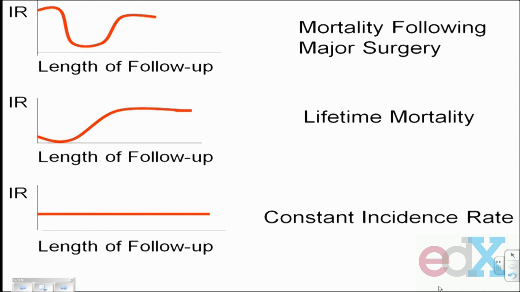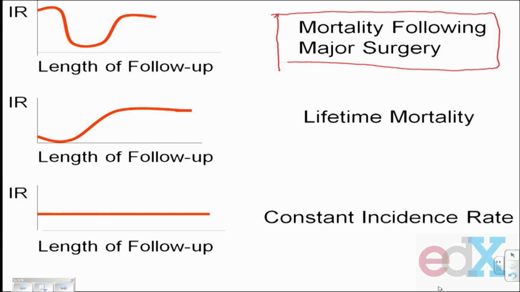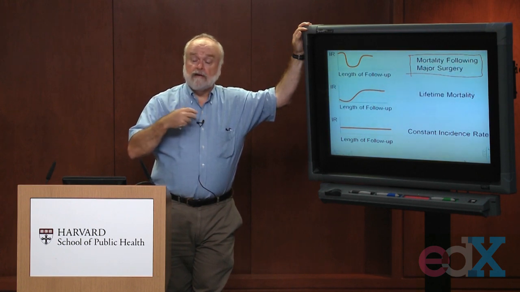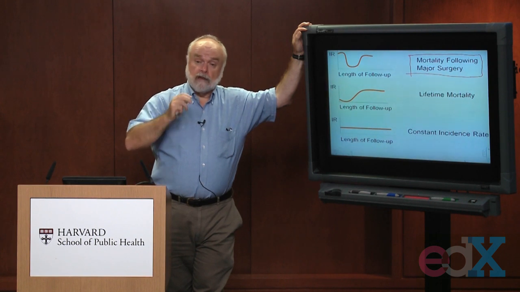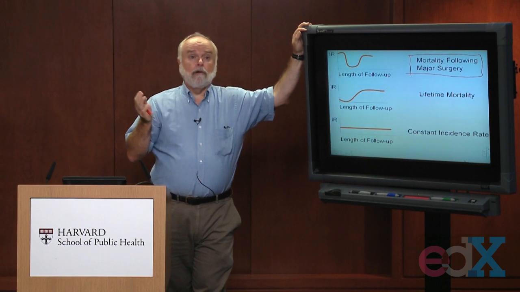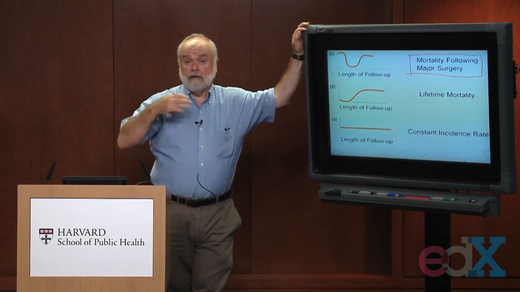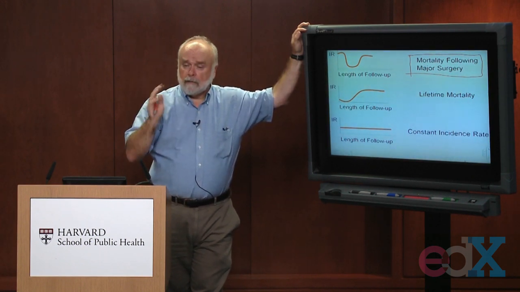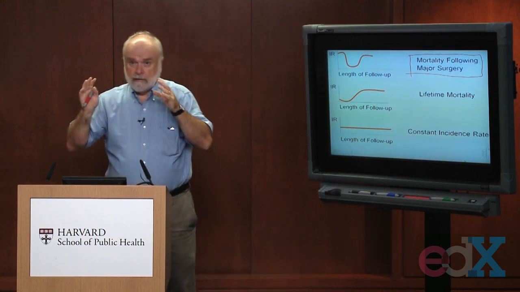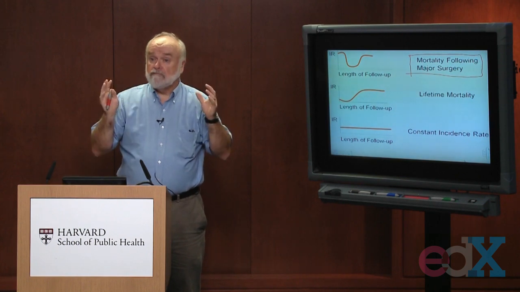The first one I want you to think about is, let's imagine you look at people who are undergoing a major surgery, a bypass surgery, because they have heart disease and they're being operated on hopefully to solve the blockage in their arteries. Bypass surgery is a non-trivial surgery. Or maybe they're undergoing a transplant. They're having a kidney replaced or something like that. But let's imagine in your minds people undergoing an operation that has some risk involved in it.